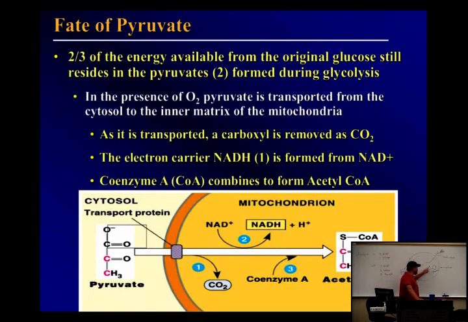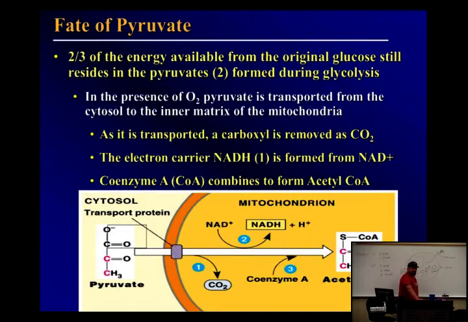So we want to put this inside. Is that with or against the gradient? Against the gradient. So how do we get it in there then? And what do we need for active transport? That's exactly right. What do we use for active transport? ATP. So we have 2 pyruvates.